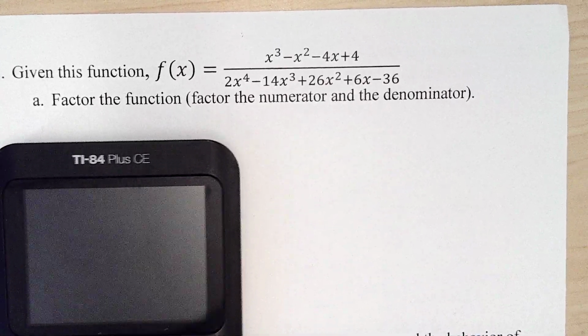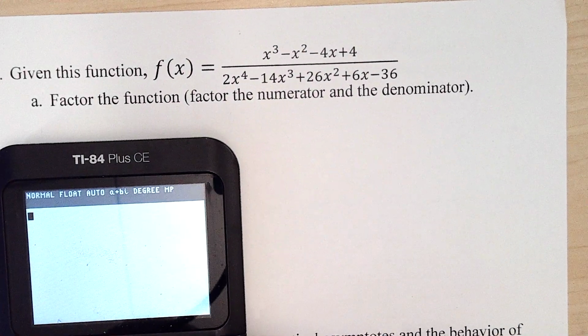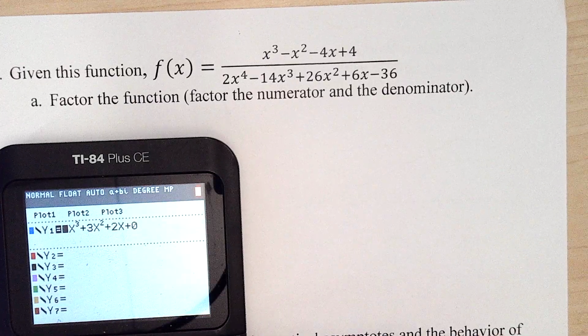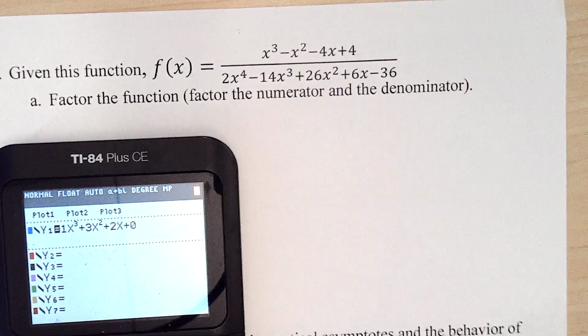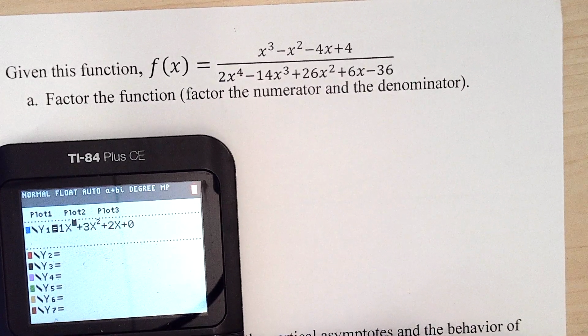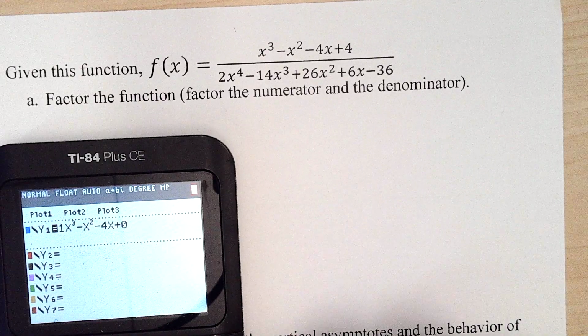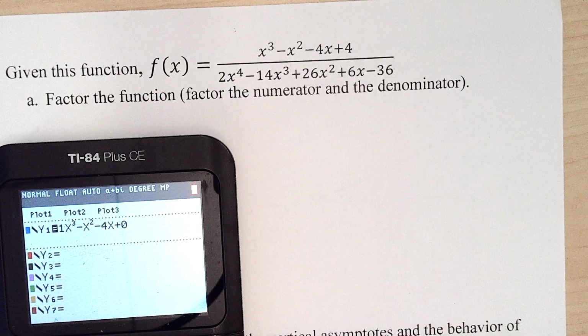I'm going to graph the numerator, and that is 1x to the third minus x squared minus 4x plus 4.